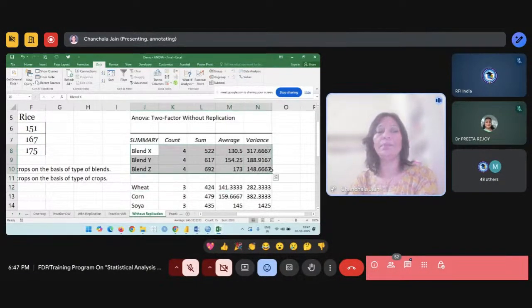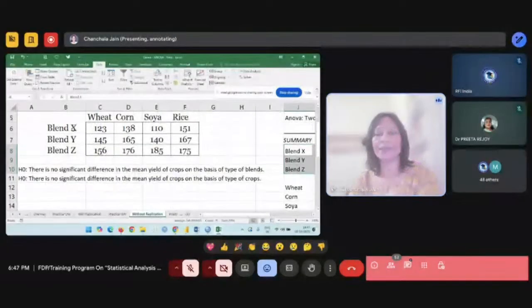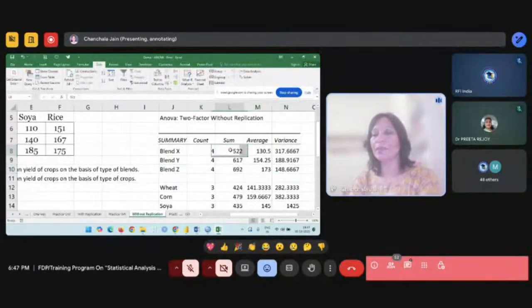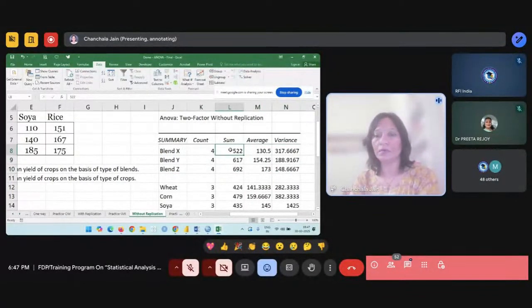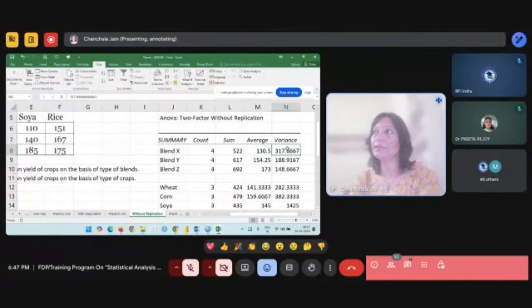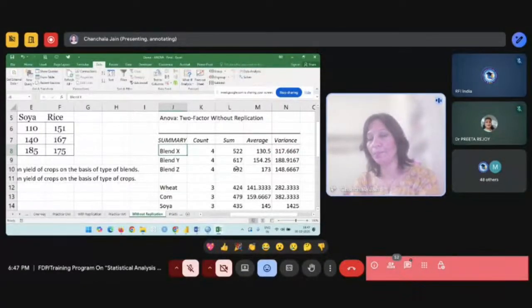So how many blends was I having? 3 blends, and per blend I am having a total of 4 values, right? So that is why the count is 4, 4, 4. It is telling me the sum of yield, right? This is the average of the yield for blend X. This is the variance in the yield because of blend X.